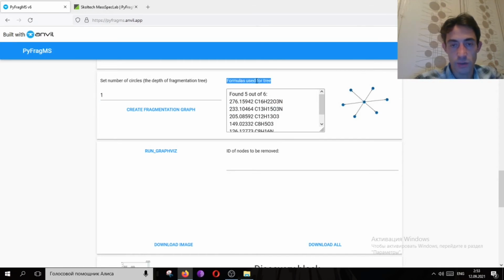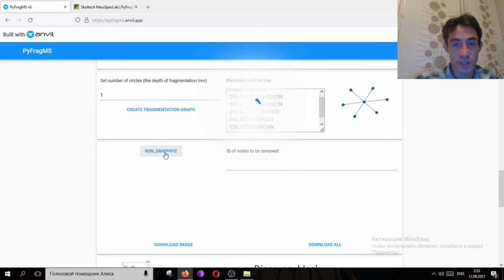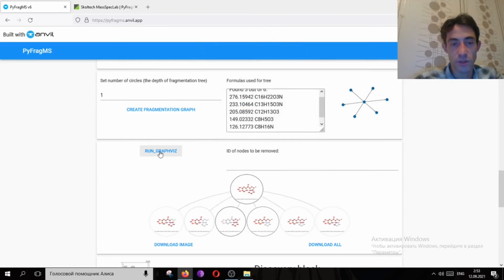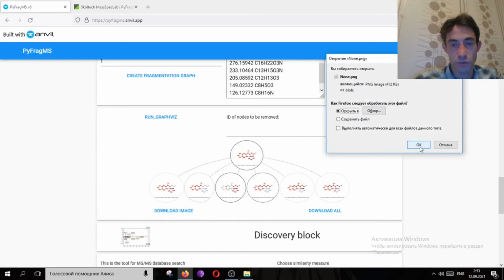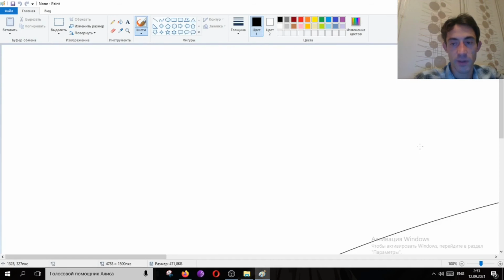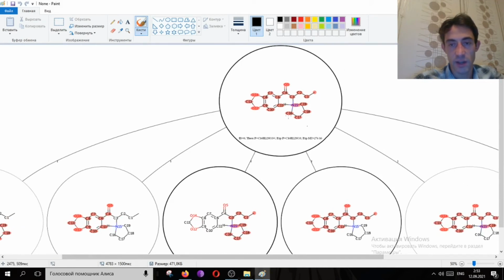Here you can see what kind of formulas were used for building the fragmentation tree, and of course to see what we have calculated, we need to press the button run graphviz. We are using Graphviz software for visualization of the fragmentation tree. Now the tree is calculated here. For better visualization, it's possible to download the image. So it's here.